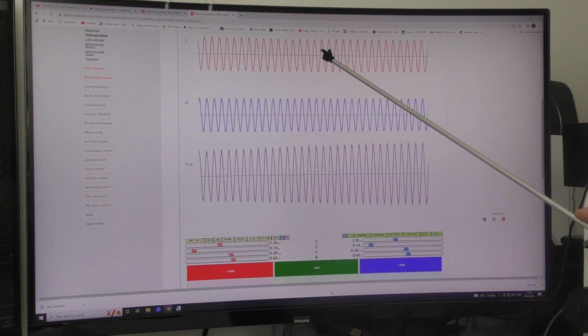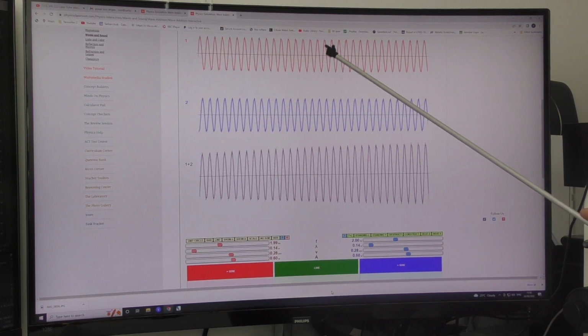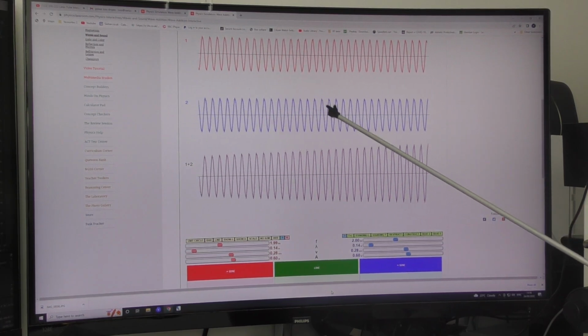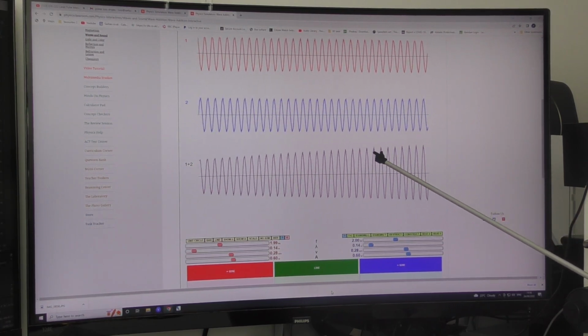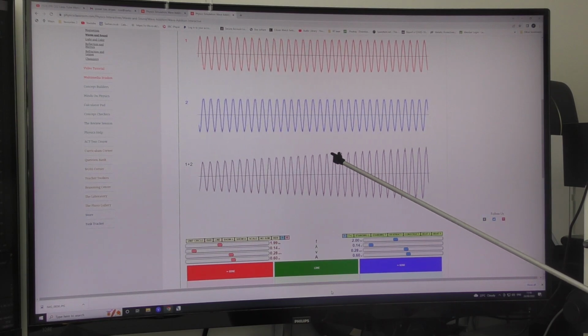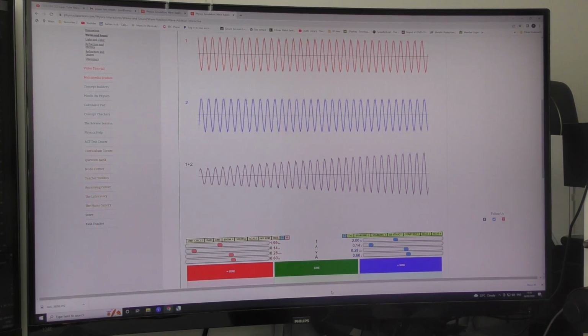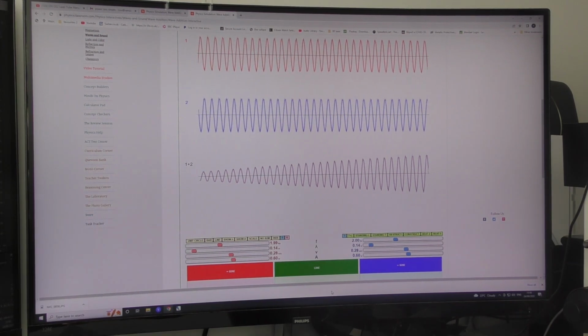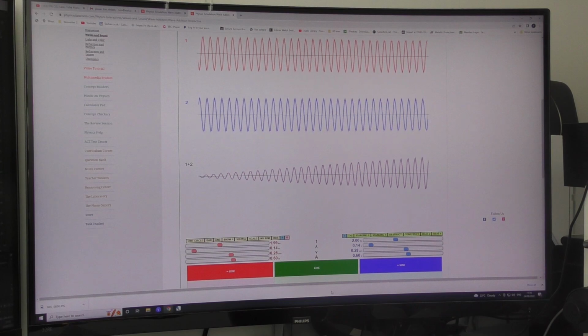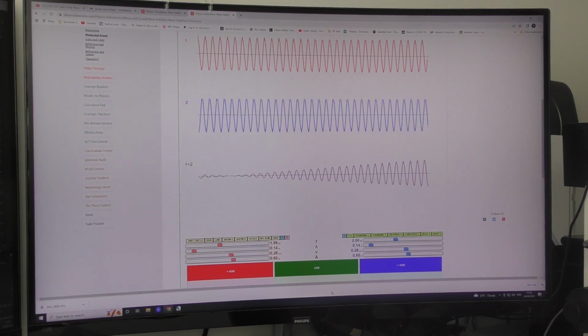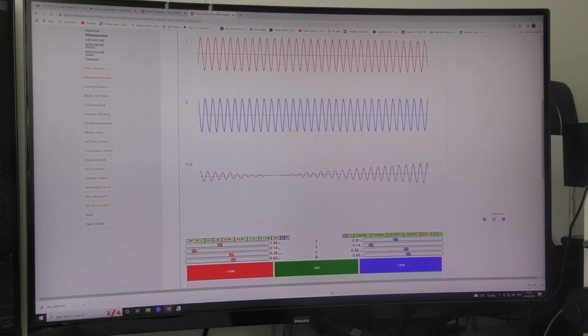This one here, the pulse, is very slightly less than this one. And look what's happening to the signal. It's getting less and less and less. And I'm getting to the point now where all of a sudden I will have no signal. And then the signals will start getting bigger and bigger.